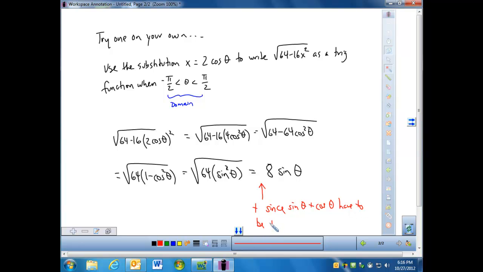Since the square root is there, we're just going to look for the positive solution. Now in a few moments I'm going to give you an example problem where you bring the square root into the question, and when you do that, then of course you do have to bring both the positive and the negative solutions along. But for right now, since it was already there, just positive 8 times the sine.